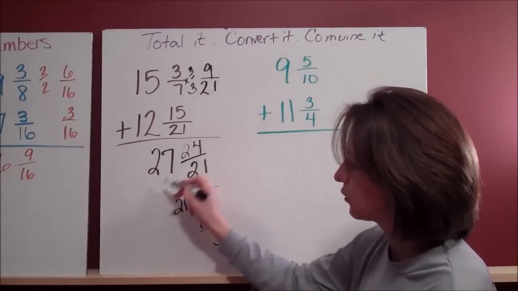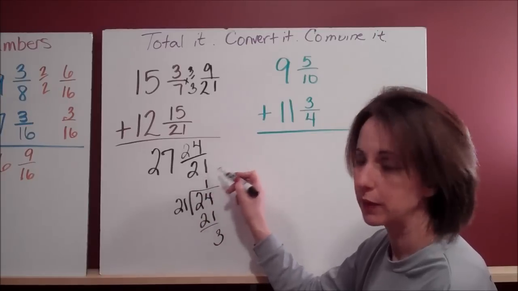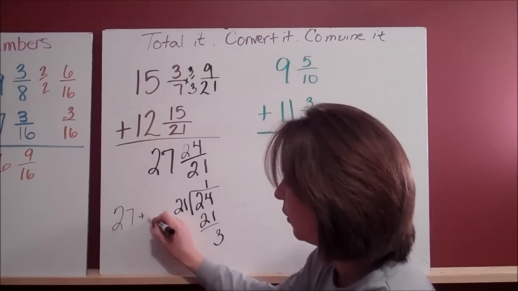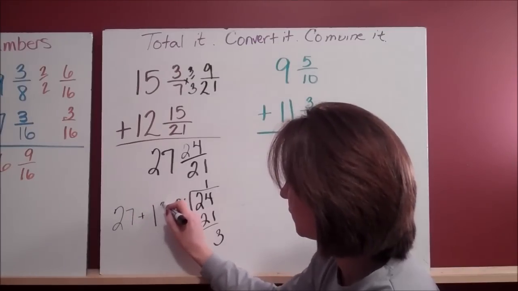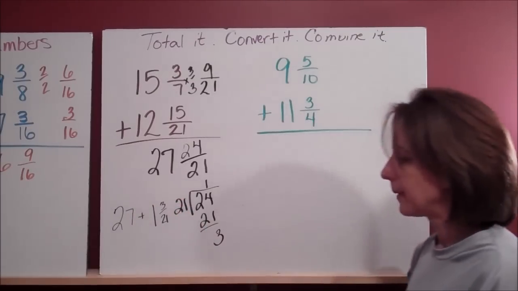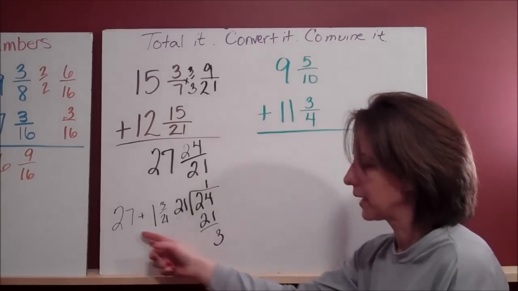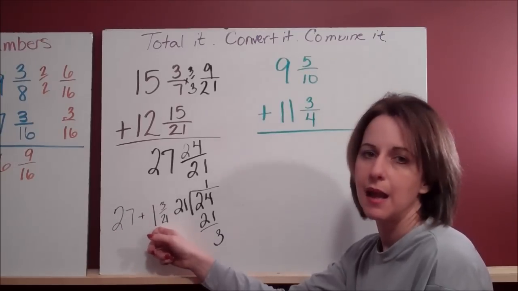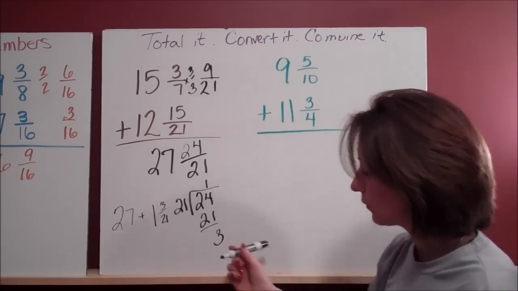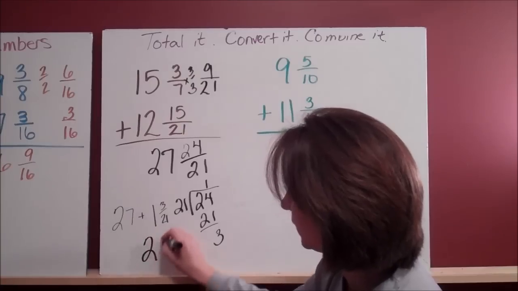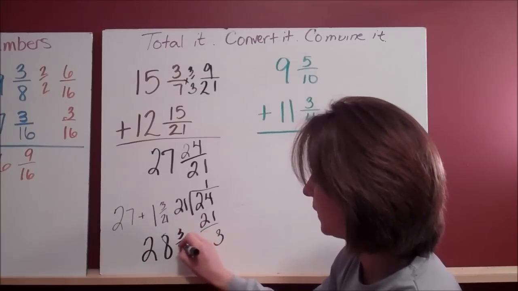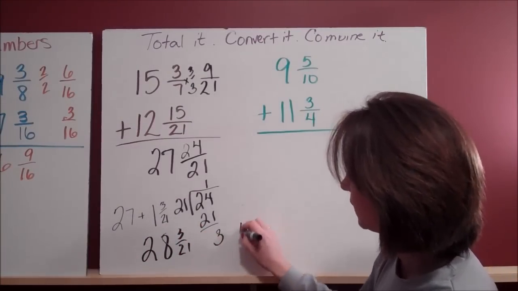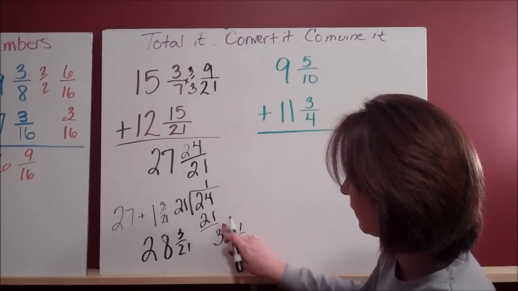So now instead of 27 and 24/21s, I have 27 and 1 and 3/21s. And the most important part about using this strategy is that before you go to your final answer, you combine this 27 and the whole that you made here. So my answer is 28 and 3/21s simplified to 28 and 1/7.